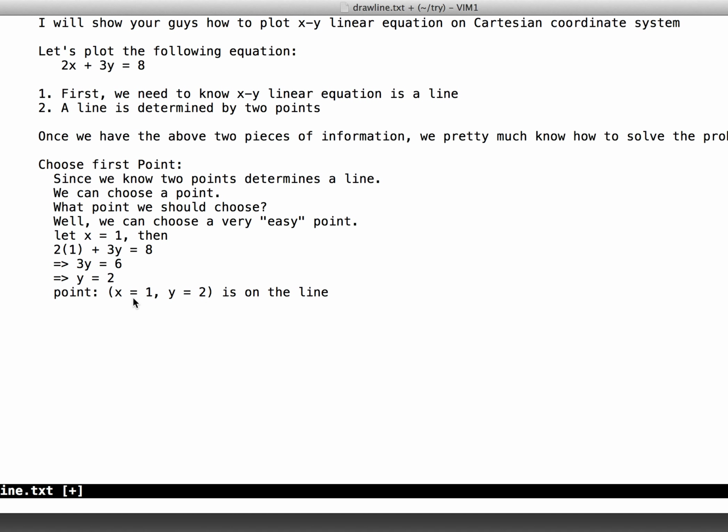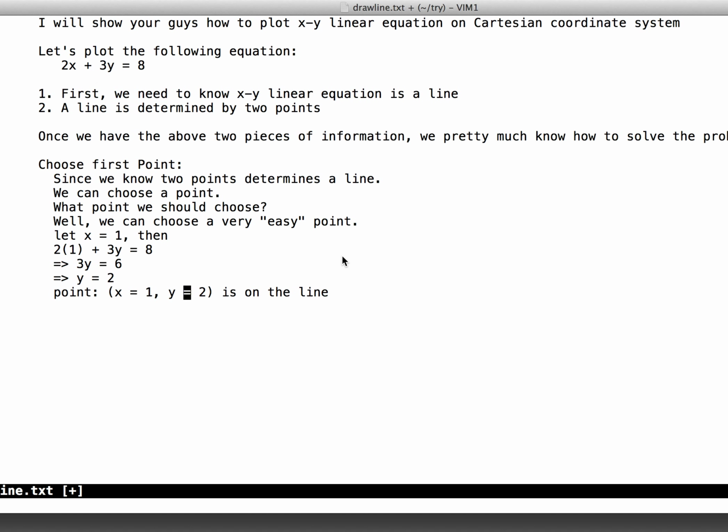So we know this point is on this line, right? Because this point satisfies this equation. If we substitute x equal to 1, y equal to 2 into this equation, both sides are equal, right?